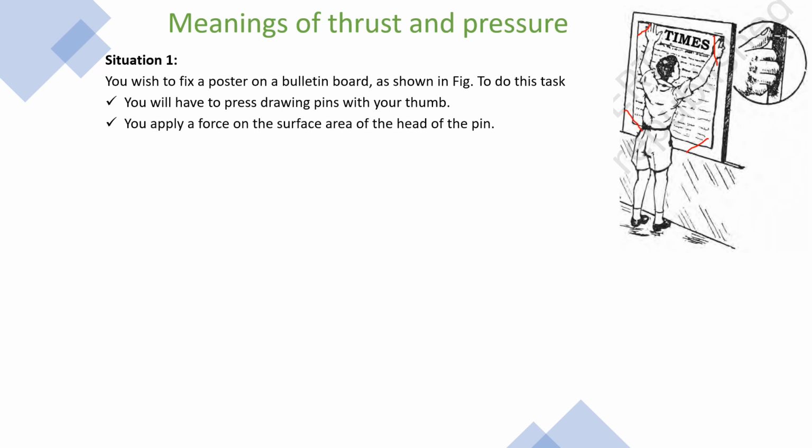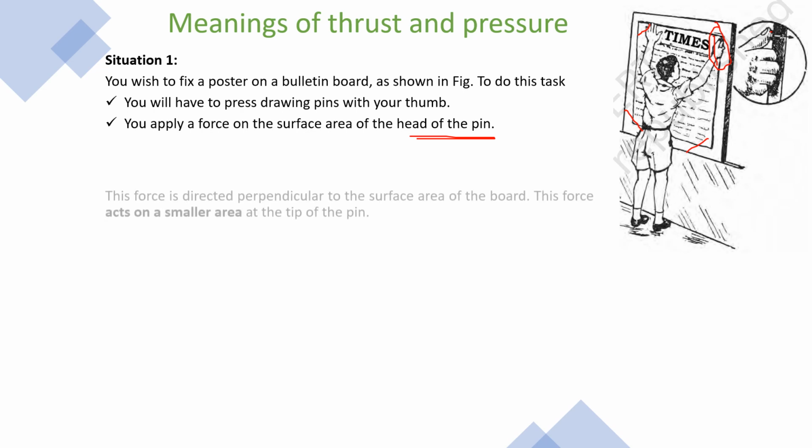You apply a force on the surface area of the head of the pin. Like this. You see this region is zoomed. This is a pin here, and you're using your thumb here, and you're pressing it. You press the head of the pin, right?